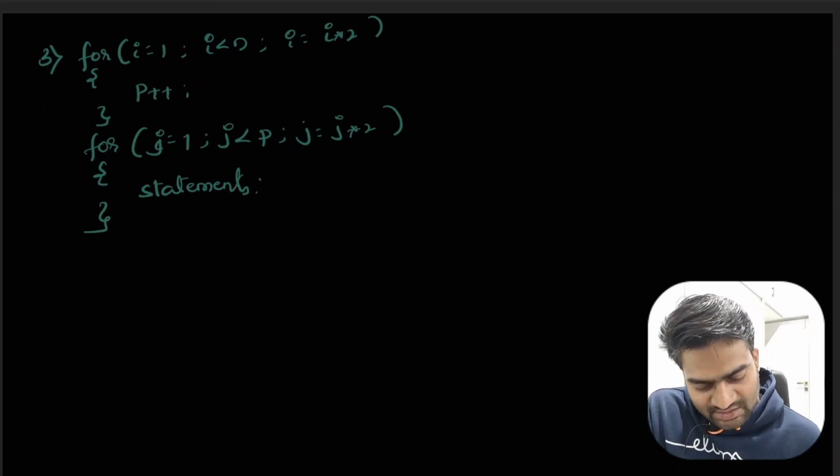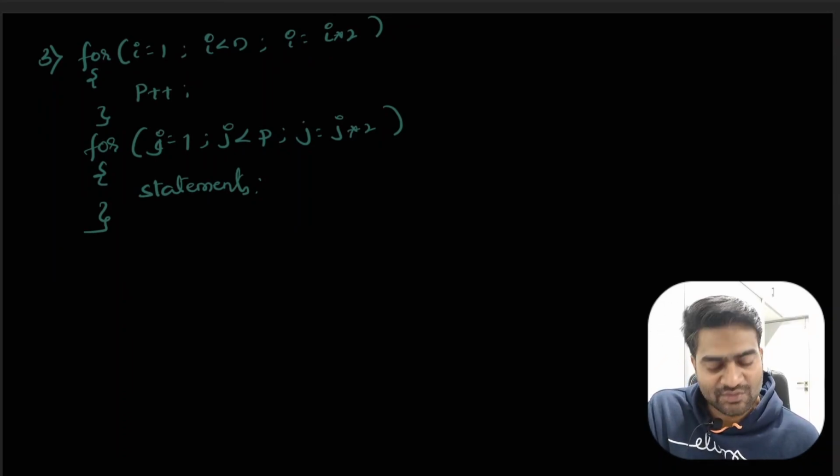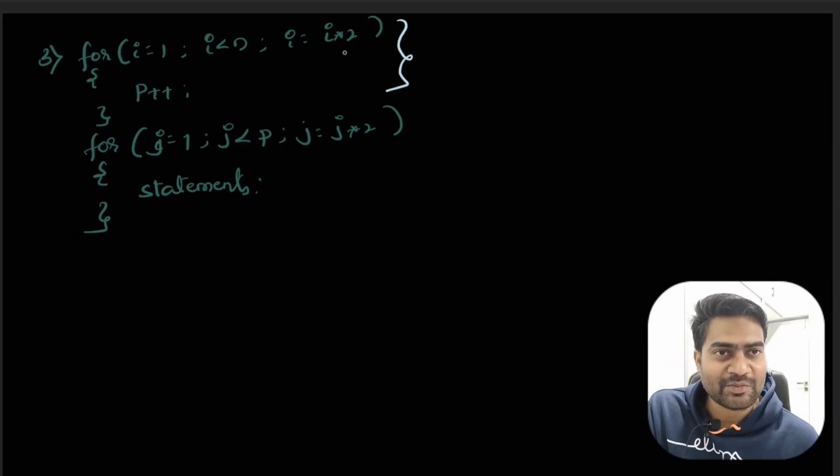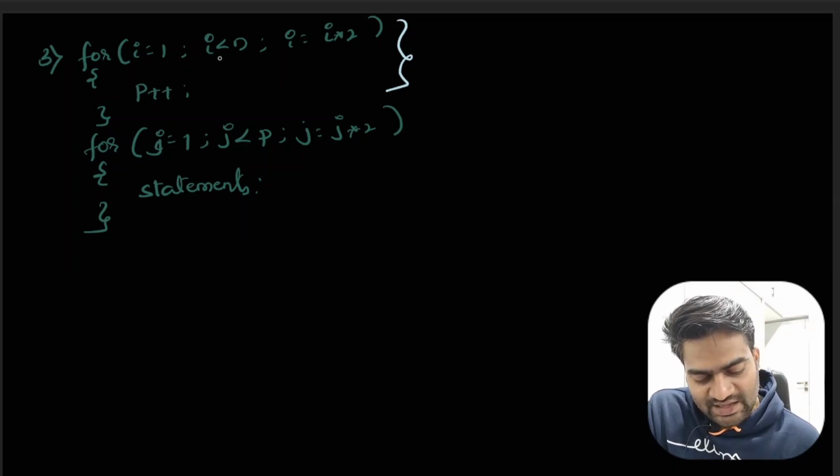So this is our third example. Here, we have two consecutive for statements which execute one after the other. For that, let us first solve the first for loop. Here I is starting from 1 and I is getting multiplied by 2 on each iteration, and it executes as long as I is less than n.